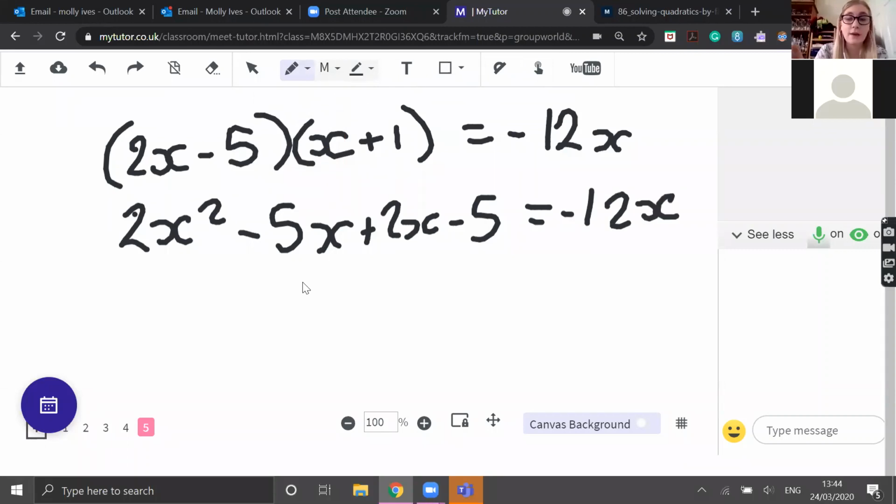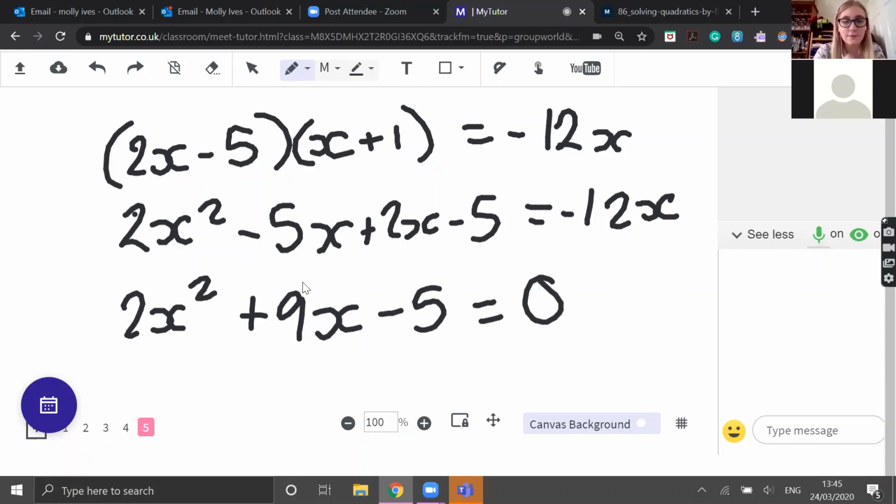And then we whack everything on the left-hand side so that it equals 0. We've got to add the 12x. So it's plus 7x, and then plus that 2x. So that's actually a plus 9x minus 5 equals 0. So I think that should be the expansion. Now, obviously, we've done a lot of steps in one go.